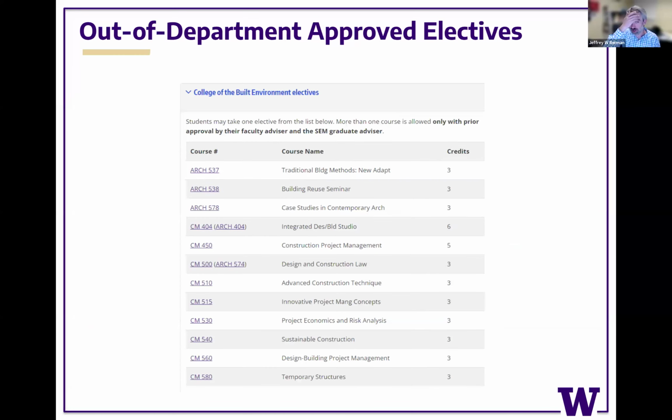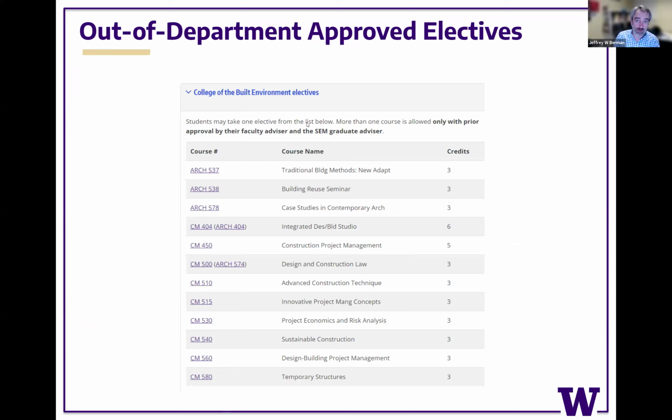And then out of the College of the Built Environment, the list of classes that we absolutely will accept include these architecture courses and these construction management courses. And then if you want to take courses that are outside this list, we would need a faculty advisor to approve that.